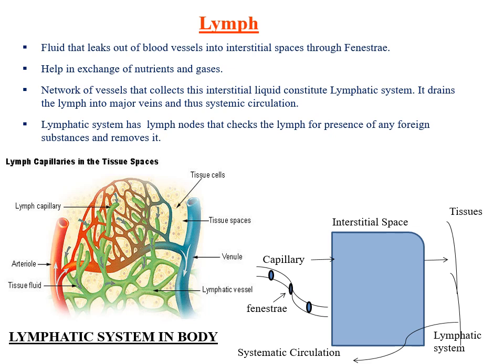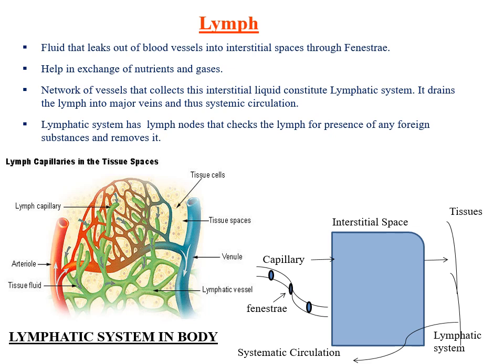Lymph contains water, plasma, and some WBCs, especially lymphocytes, which play a major role in immunity. The vessels that collect this lymphatic fluid in the tissues and drain it into the major veins in systemic circulation are called lymphatic vessels.